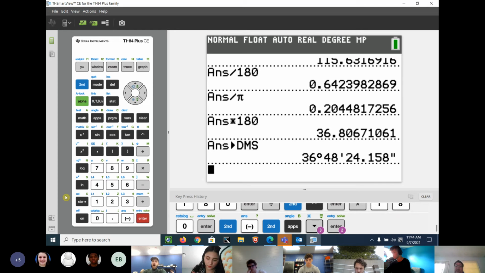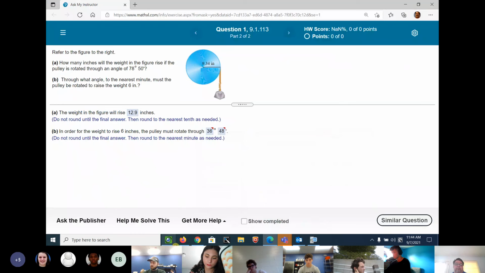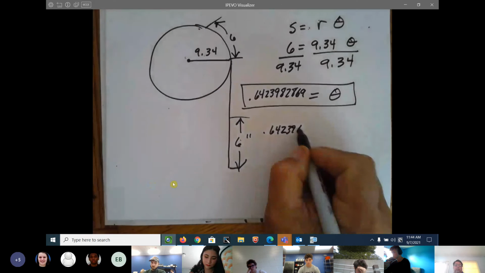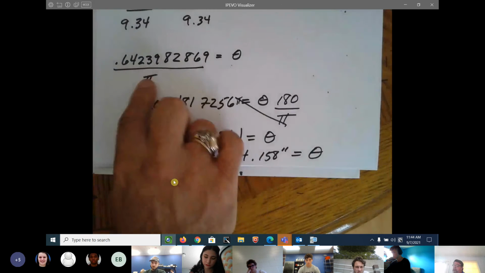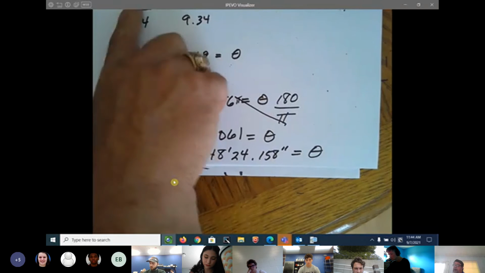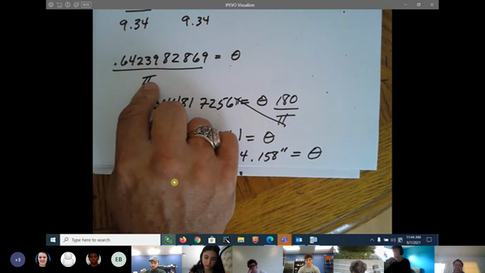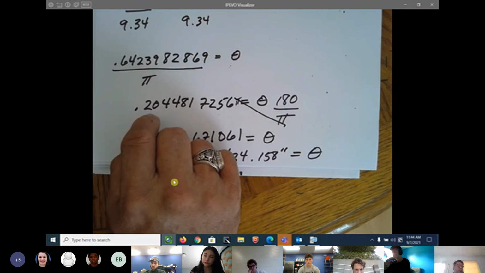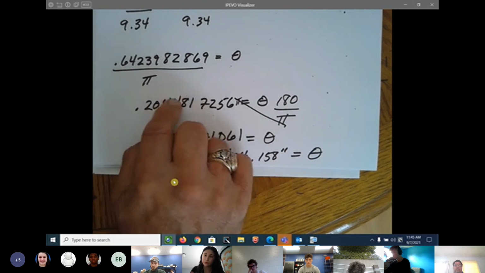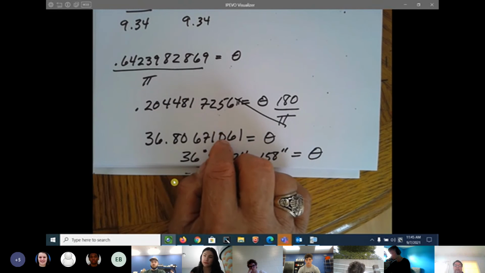You need to divide that by pi, so that's where I went wrong. I forgot to divide by pi. Right here, as soon as you get this, you need to divide it by pi, and then multiply it by 180.